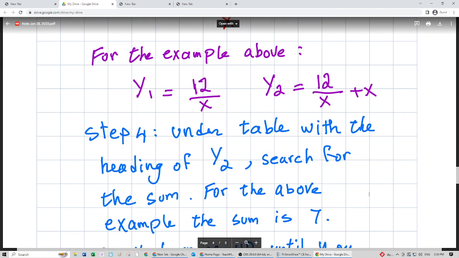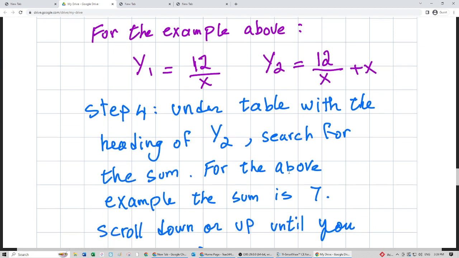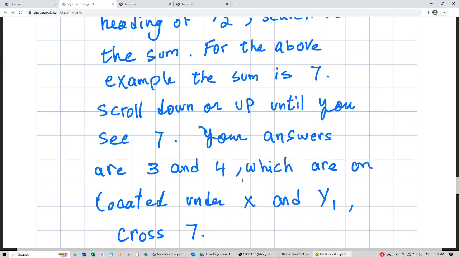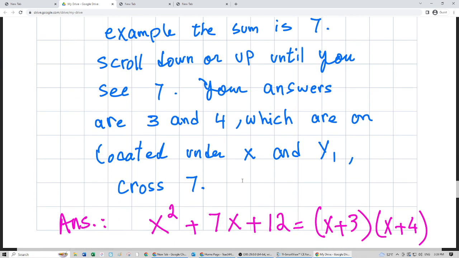Step 4, we're going to go to the table and under the heading of y sub 2, I'm going to search for the sum. When I find the sum, there are 2 other numbers across from it and that's going to be my answer. So now I'm going to show you a TI-84 emulator.